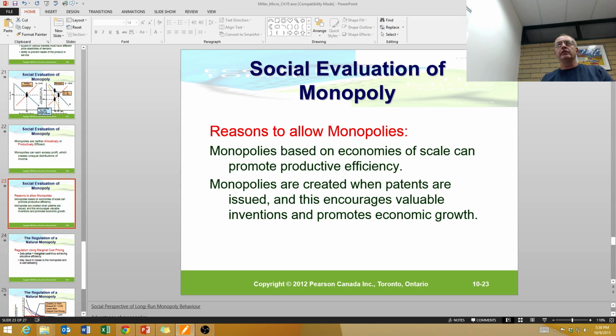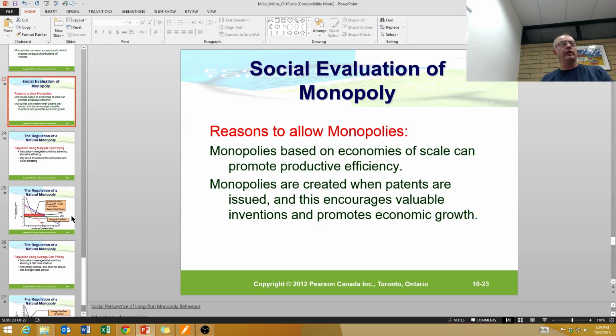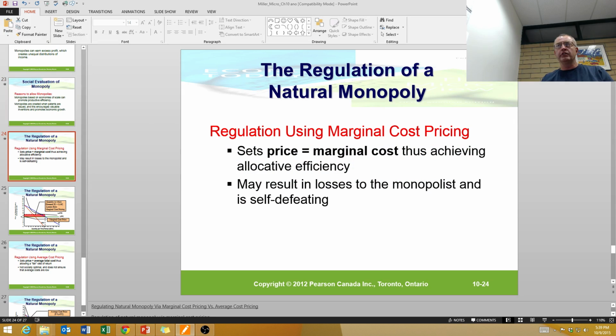Okay, so the final section of this chapter looks at two ways that monopolies can be regulated. We have marginal cost regulation and we have average cost regulation. So we mentioned before that we can have these so-called natural monopolies arising when a single firm can produce all of an industry's quantity at a lower average total cost than many smaller firms.